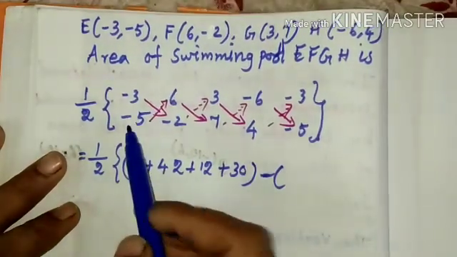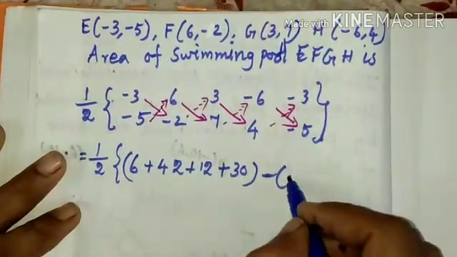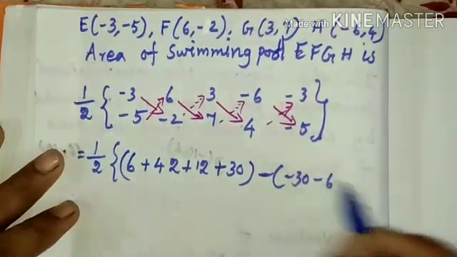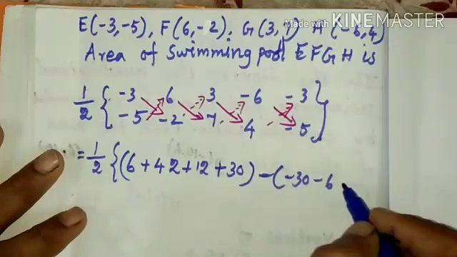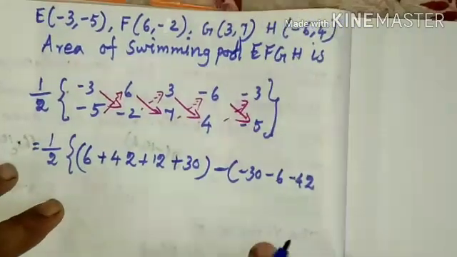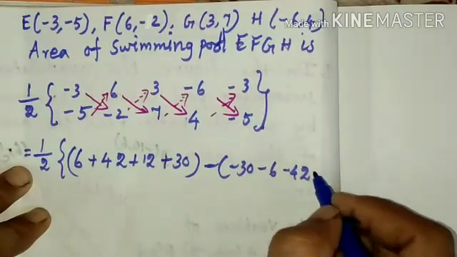Then we get -5 into 6 is -30, -2 into 3 is -6, 7 into -6 is -42, 4 into -3, we have -12.